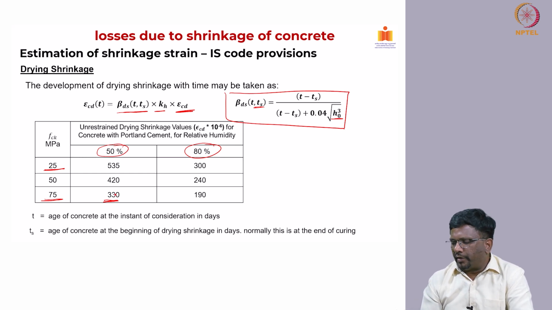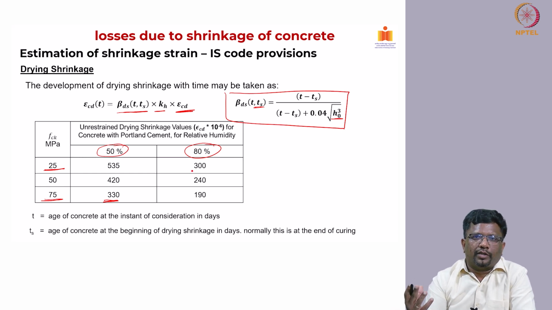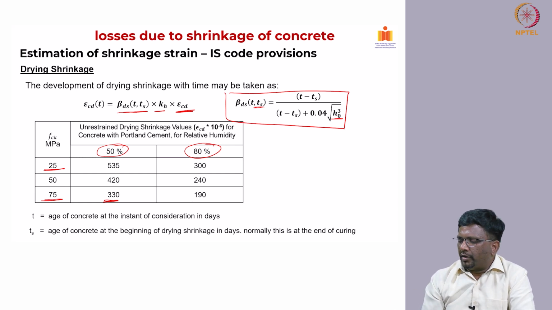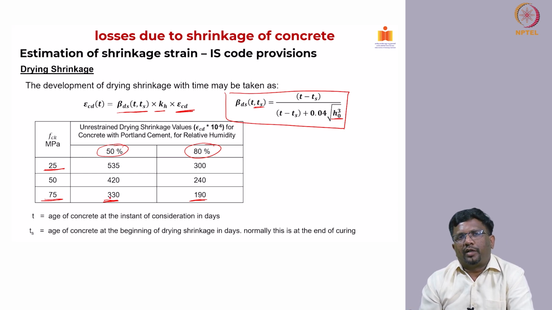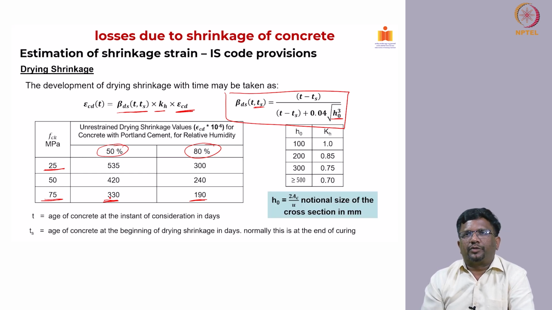And as expected, when you have a humid environment, there is already moisture in the air, so it is not going to absorb the escaped water easily, right? So when you have a humid system, the drying shrinkage values are expected to be lower compared to that of a drier climate, where you will have higher drying shrinkage values. So that's how this code is giving you these values.